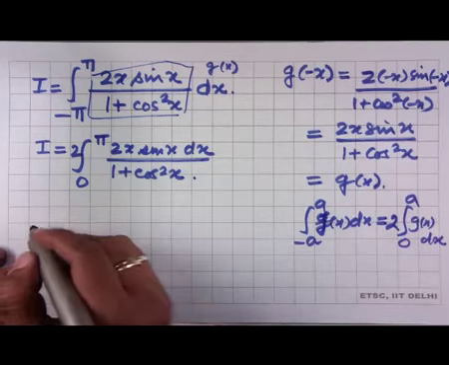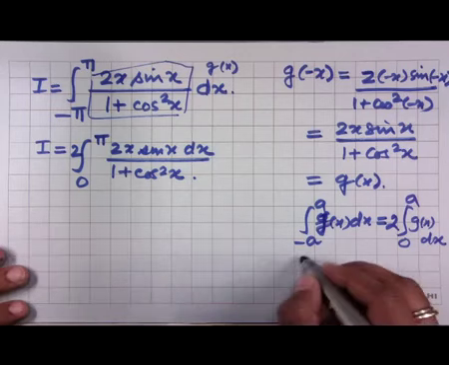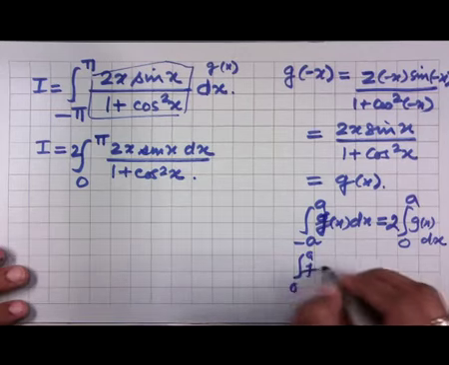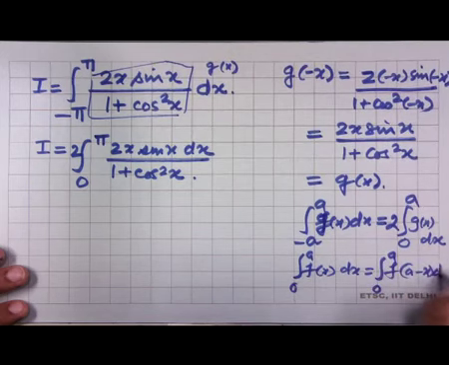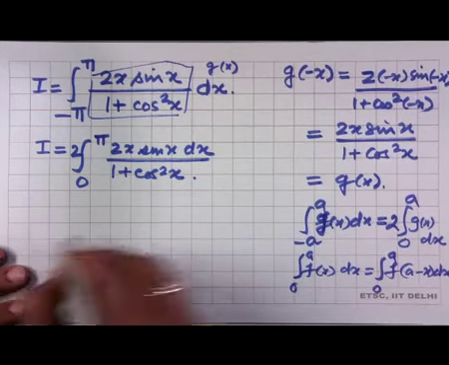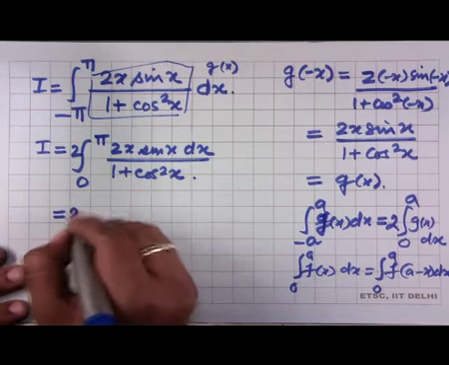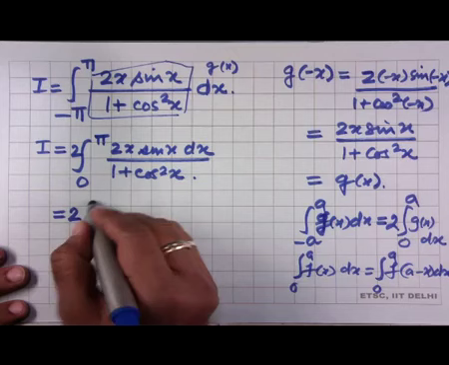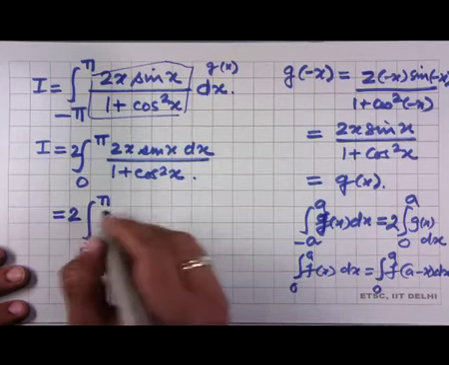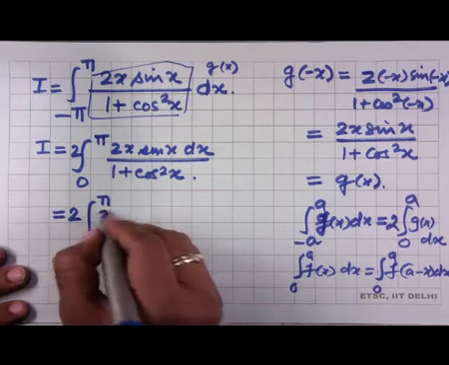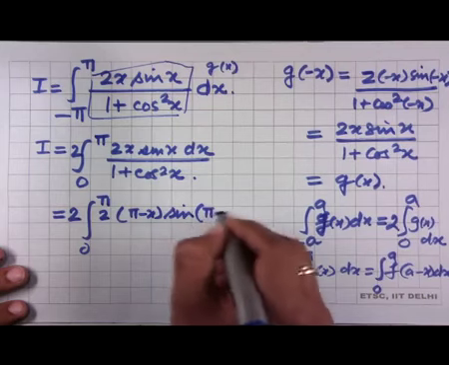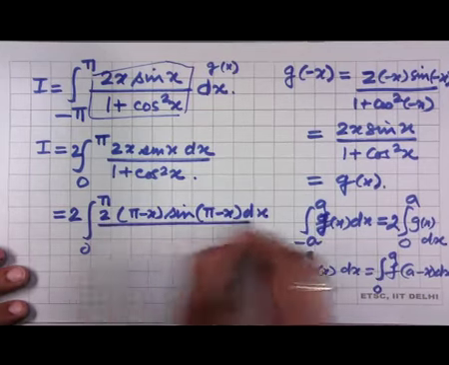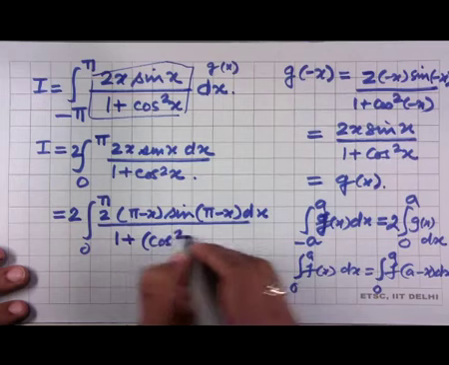Now, again what to do? We apply this property that 0 to a fx dx is 0 to a f of a minus x dx. So this is equal to 0 to pi 2 pi minus x sine pi minus x dx upon 1 plus cos square pi minus x.